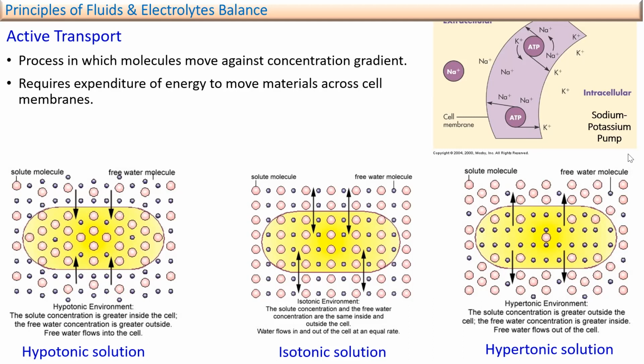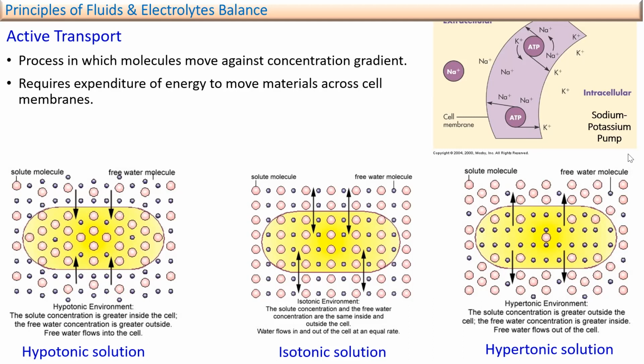However, if you want to expand the vascular volume, you are going to pull water from the cells into the blood vessels or the plasma by the hypertonic solution. Because with hypertonic solution, you have more concentration in the blood vessels than inside the cells. So when you have more concentration inside the vascular volume, you are allowing fluid to move from inside the cells out to the blood vessels.